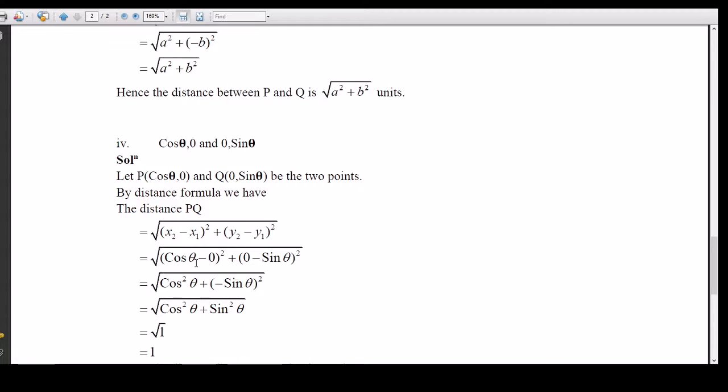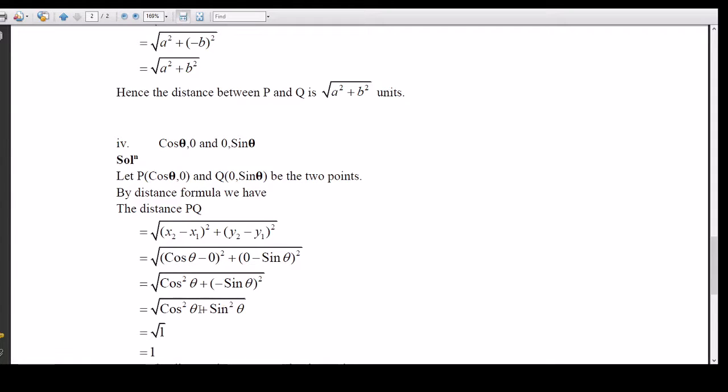But cos theta squared will be cos squared theta, and sin theta squared will be sin squared theta. There will be no square on theta. Theta is the angle. There should be no square on the angle. It should be on the trigonometric ratio. The square should go to the trigonometric ratio.